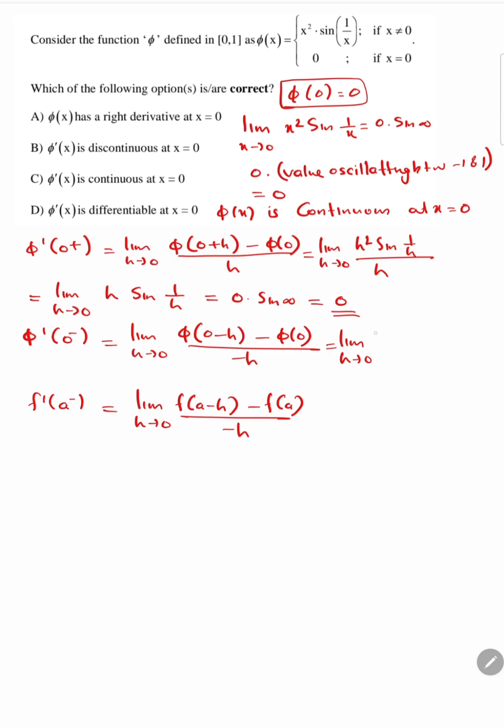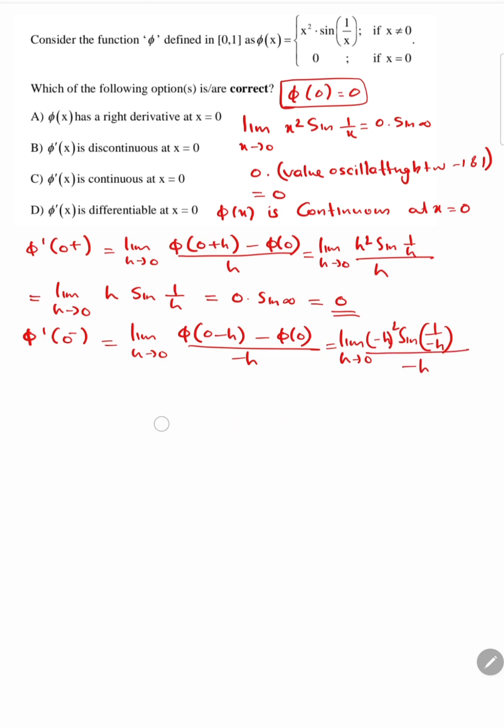Phi of minus h will be h square sine 1 by minus h. Here also minus h is there, but it will be squared, that's why I didn't write it. Minus h square minus 0 divided by minus h. So what will it be? It will be the limit as h tends to 0, where h square and h will cancel. Sin 1 by minus h, I can take the minus outside, since sin minus x is minus sin x. Both minuses will cancel, so it will be again h sin 1 by h, similar to the previous one.